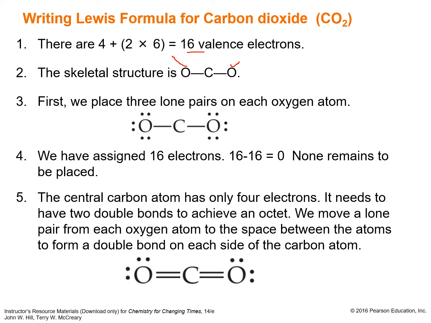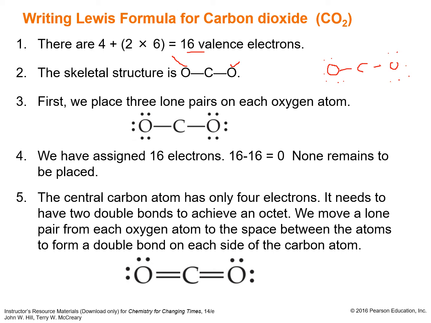So basically carbon, oxygen, oxygen, and then let's start drawing the electrons. 1, 2, 3, 4, 5, 6, 7, 8. 1, 2, 3, 4, 5, 6, and the bond 7, 8. So now we have assigned all the 16 electrons and nothing remains.